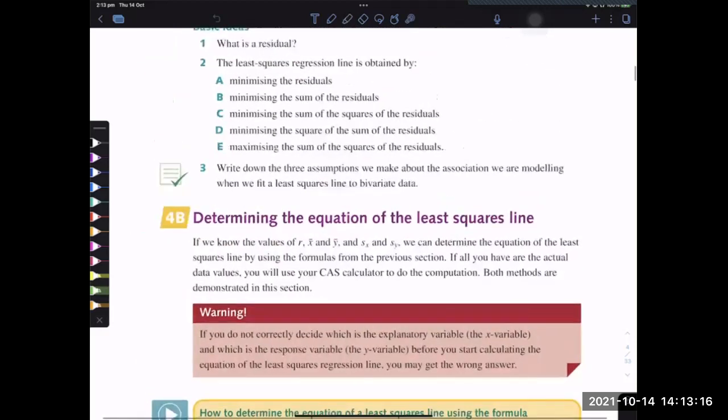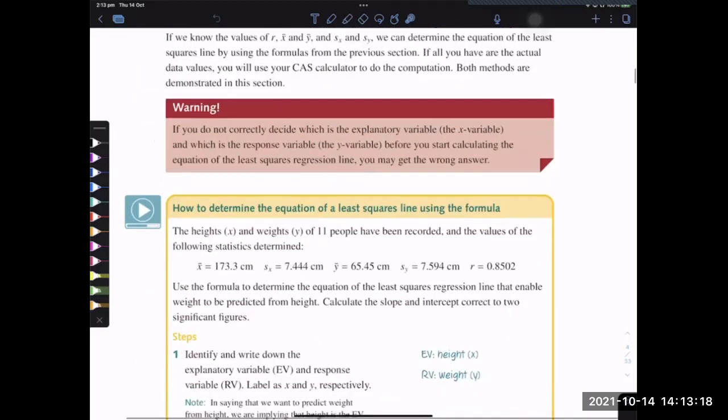Now it does say warning here. If you do not correctly decide the explanatory variable, which will be your horizontal, remember capital E for your explanatory variable, that's the horizontal line, and your response variable, capital R, which is your vertical line.